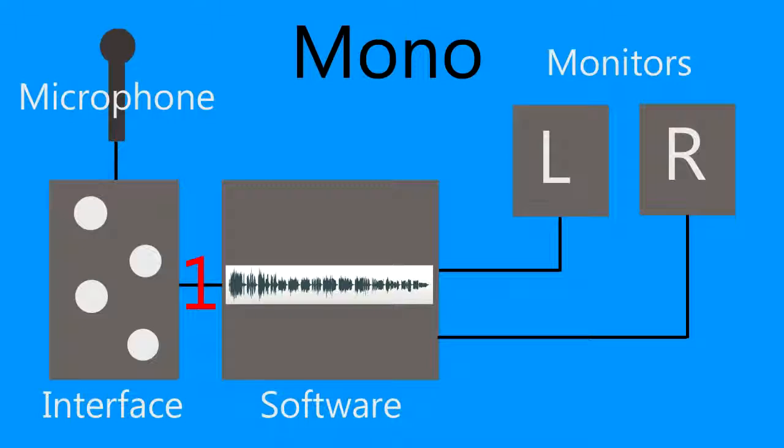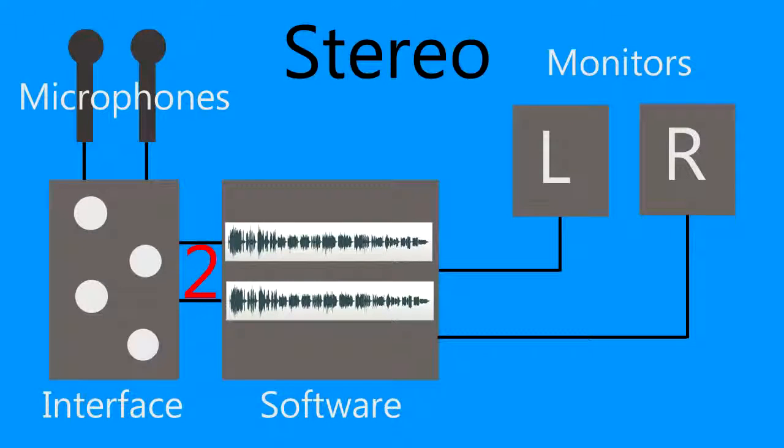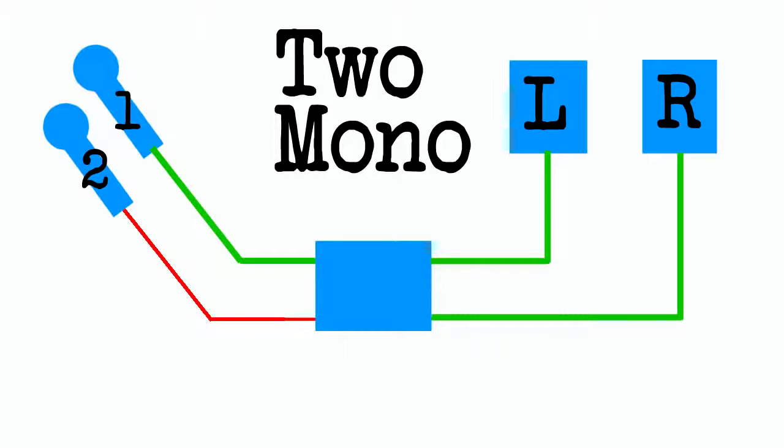An interface with one microphone or instrument input can only make a mono recording. An interface with two microphone or instrument inputs can make a stereo recording or two mono recordings from the number 1 or number 2 microphones simultaneously.